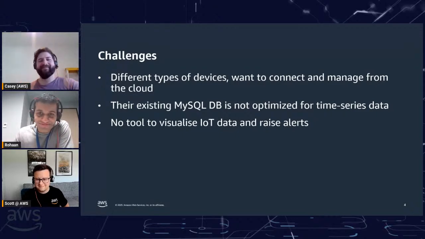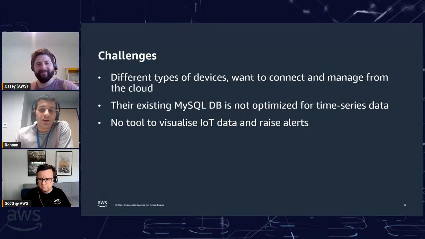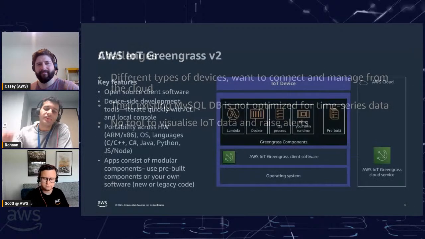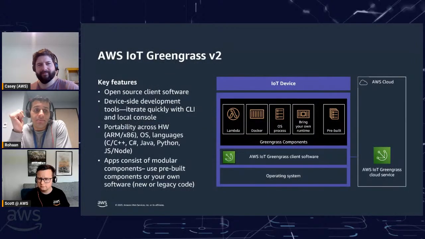Awesome. So let's start with the first one, which is the fact that they've got a range of different types of devices, and we want a standardized, centralized way to manage all of them. So we can use IoT Greengrass here.